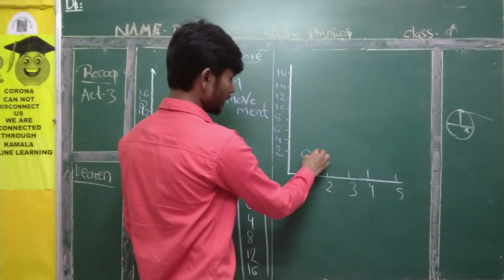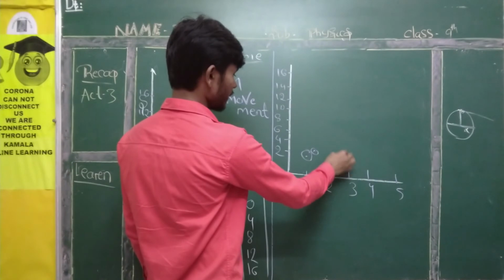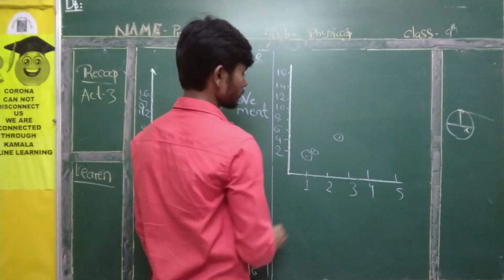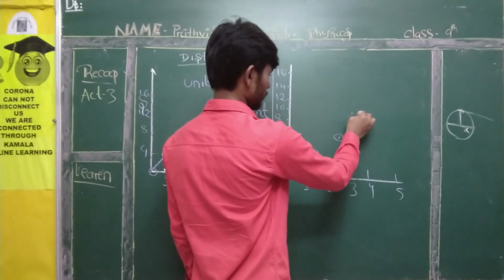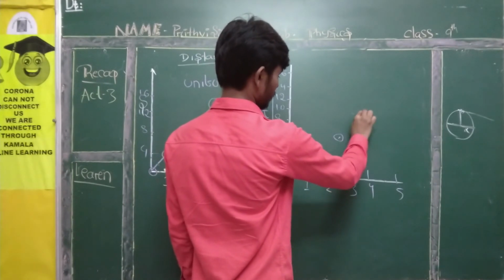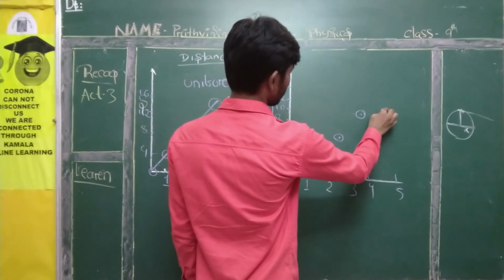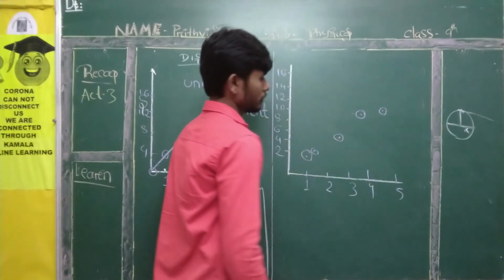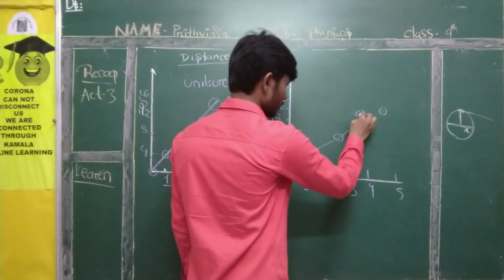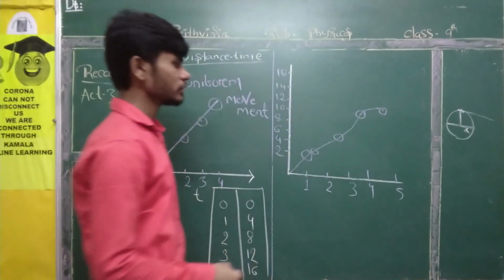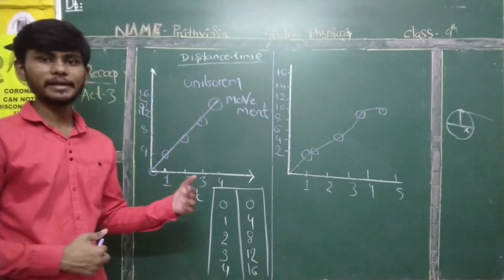In the second it covered up to 3. Then in the third second it covered up to 6. In the fourth second it covered up to 10. In the fifth second it covered only 11. Students, as you can see, the graph is not a straight line. It bent, it curved.